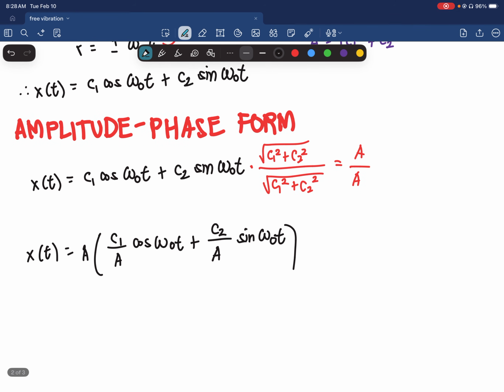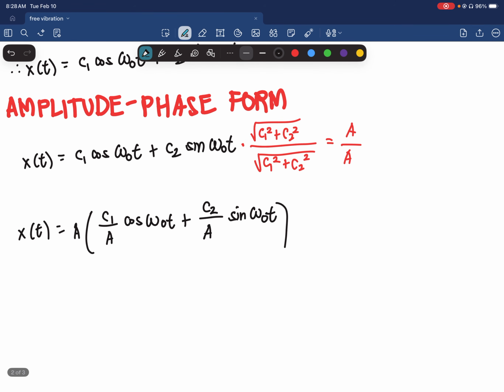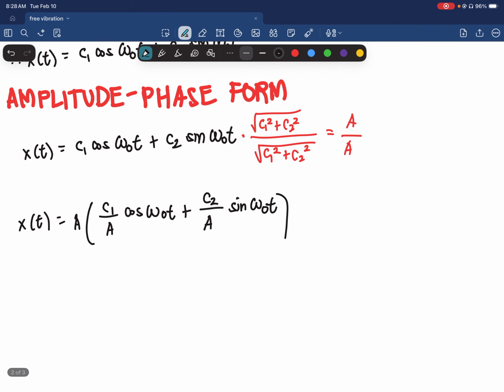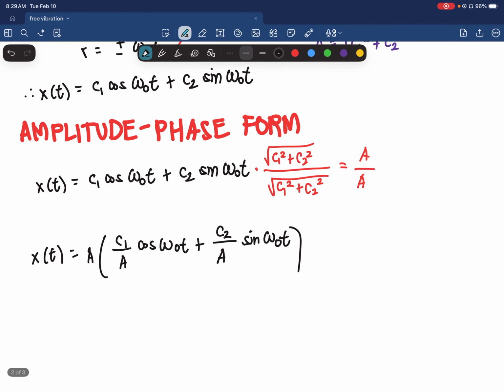Yeah. And para makuha natin yung gusto nating equation, we will use an identity. So, magsasa tayo ng identity that is yung ating sum and difference of sines and cosines. So, in this case, ang gusto natin makuha is A cosine of omega naught t plus phi.